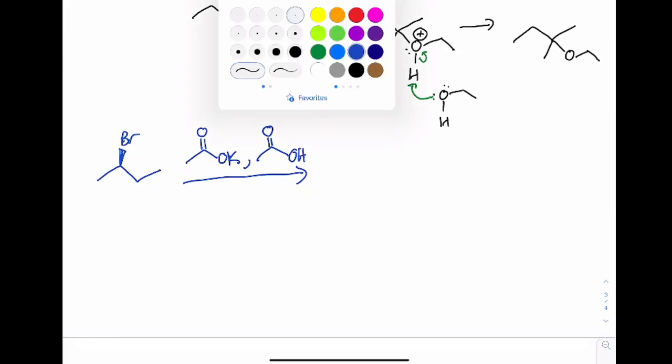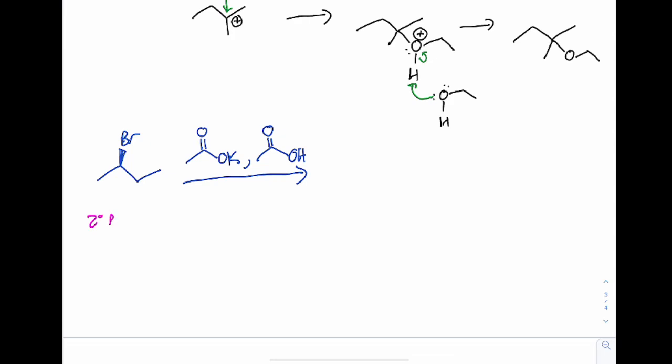So going through my checklist, secondary alkyl halide, so not helpful. If I look at my nucleophile, what I have is acetate ions and then a potassium ion. So I don't care about that. What I have is acetate.